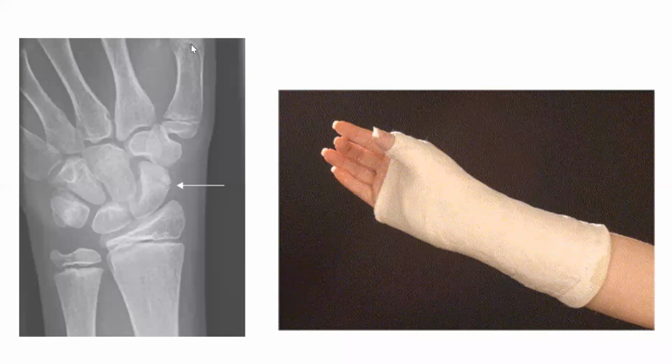Then the most important thing is describing the displacement. If you are describing the displacement, you have to mention that the distal fracture segment is displaced, usually in 3 planes: anteroposterior, medial-lateral, and shortening or backward displacement.